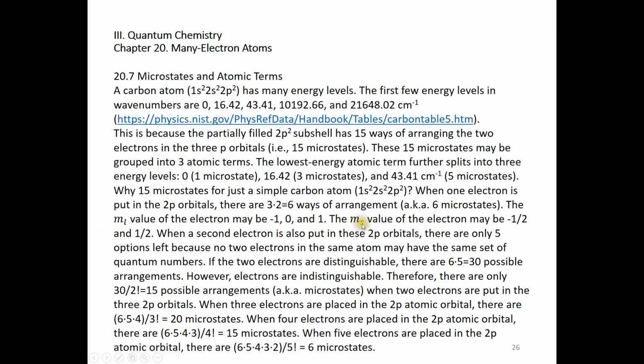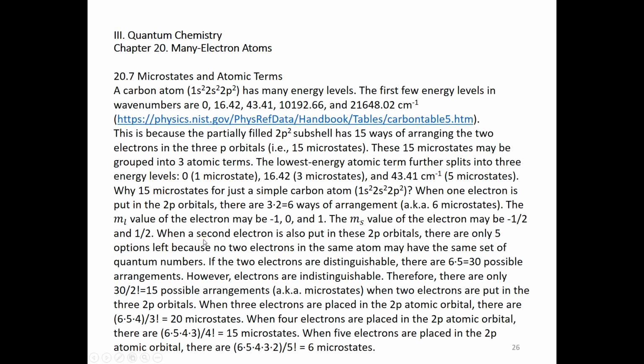The m sub s value of the electron can be -half or +half. So we can take just any one of the 6 combinations. 3 options here, 2 options here, then in total we have 6 options for the first electron.